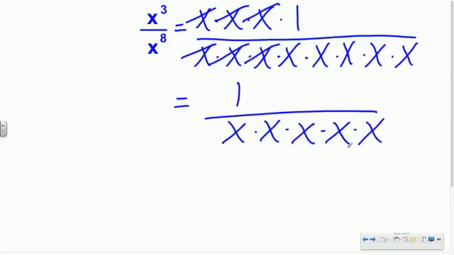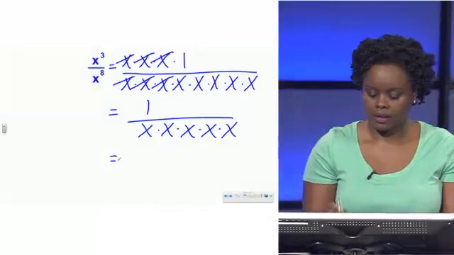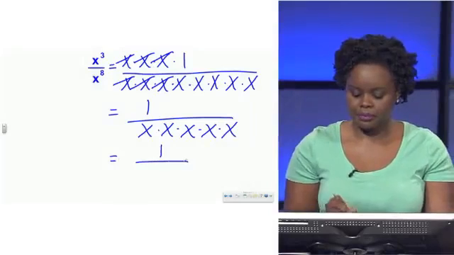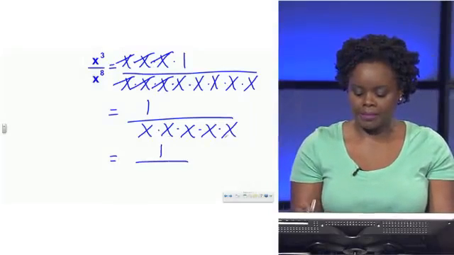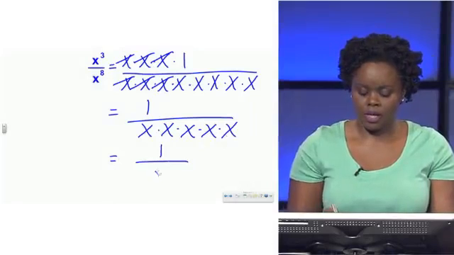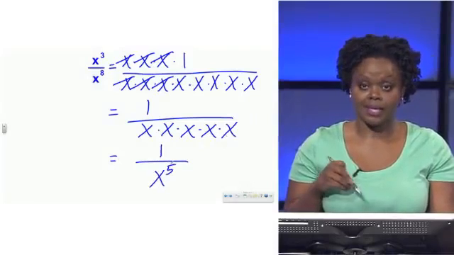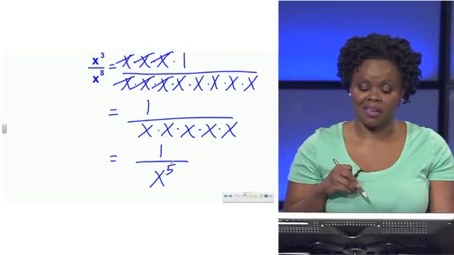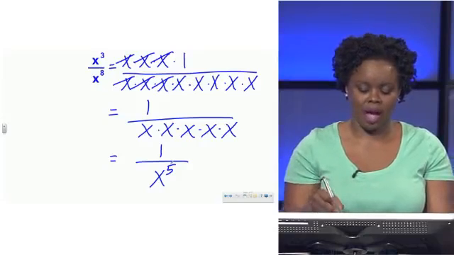Okay? And then you can write that a little differently. I can leave my 1 in the numerator. And since I'm multiplying x by itself 5 times in my denominator, I can represent that as x to the 5th. Okay? So we handled the right side.